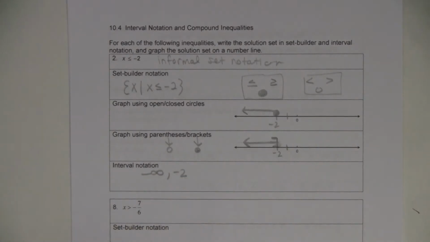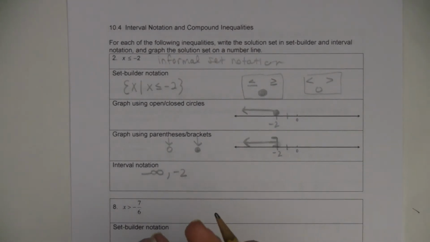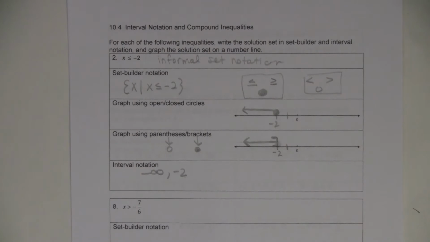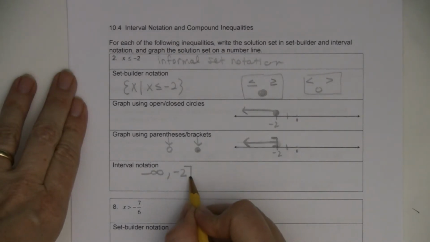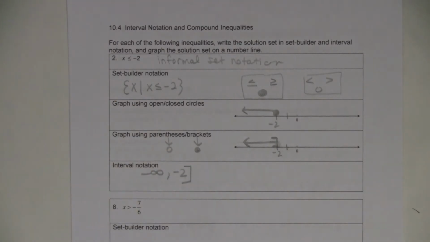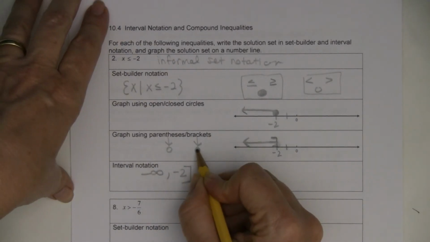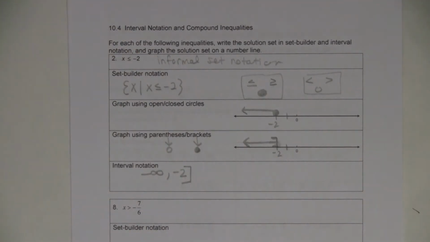But that doesn't tell me if it includes -2 or doesn't include -2. So there's where a little more notation goes, and that's where you put the bracket, because that says including -2. Whereas if I put a parenthesis, that would say not including. You get right up to, but do not include, -2.